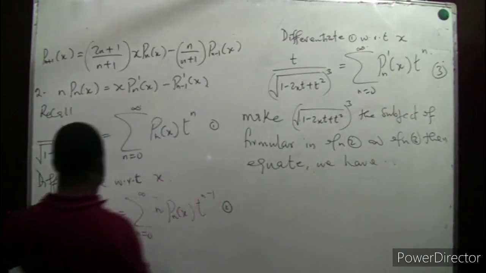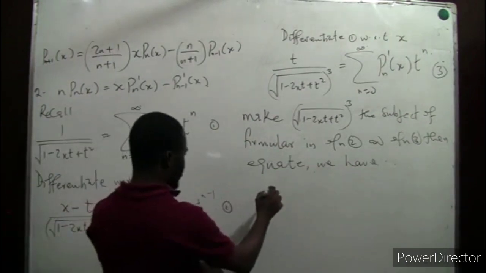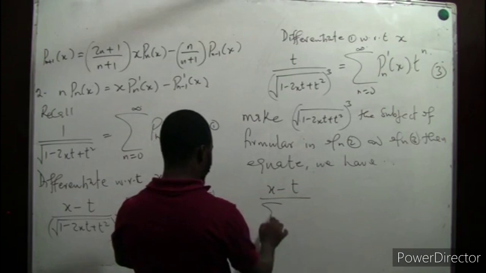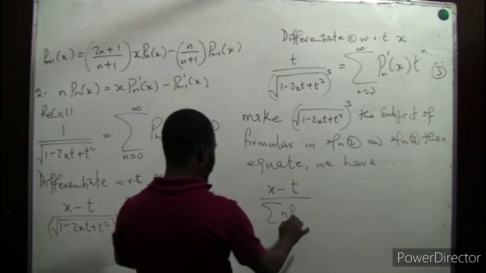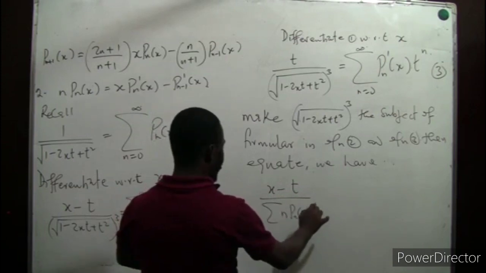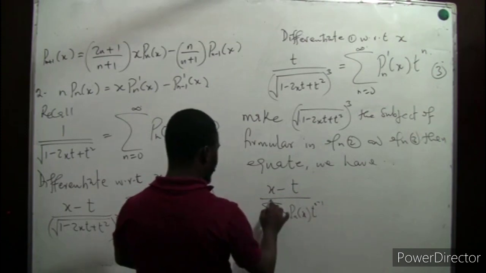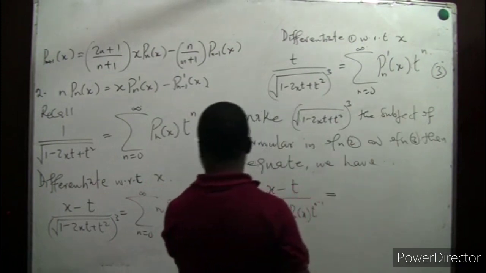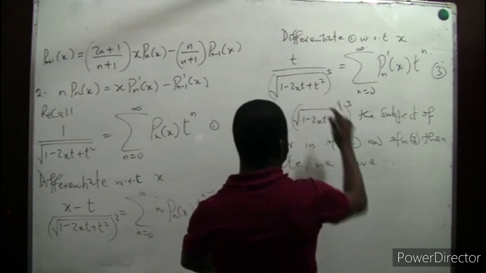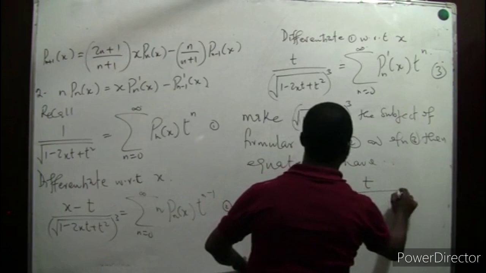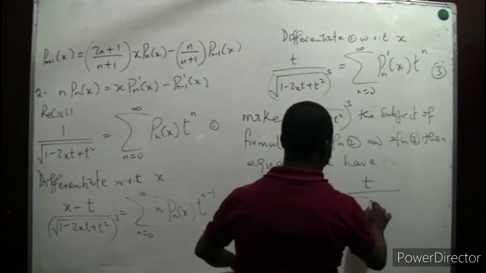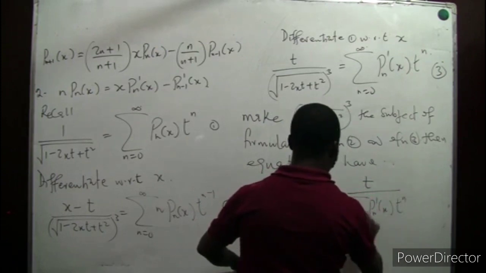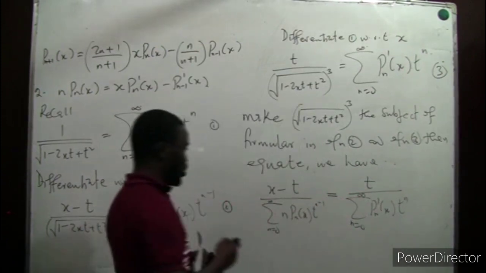If I make this one the subject of the formula here, I will have x minus t divided by the summation of Pn of x t raised to power n minus 1 from 0 to infinity equals, if I make each the subject of the formula, t divided by the summation of Pn prime of x t raised to power n from 0 to infinity.